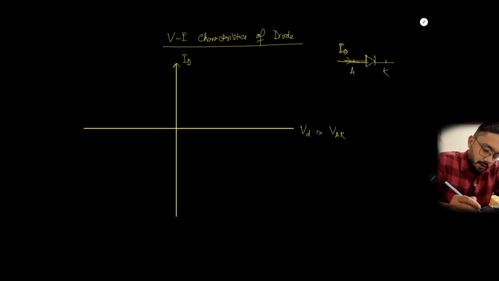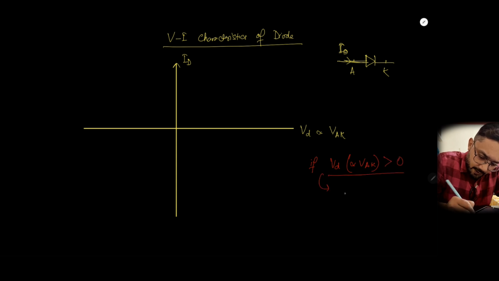Now how will the VI characteristics look? We have discussed that if VD or VAK is positive, then the diode will allow the current to pass. There will be current if VD is positive.